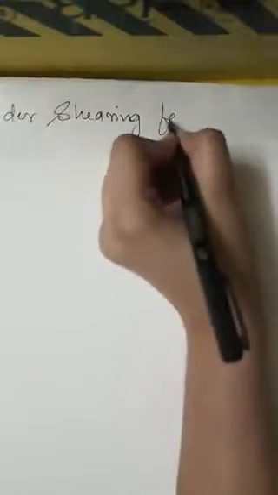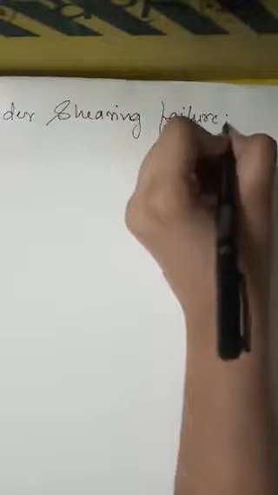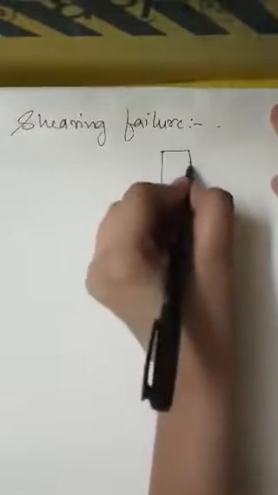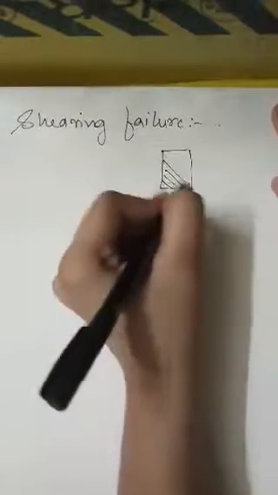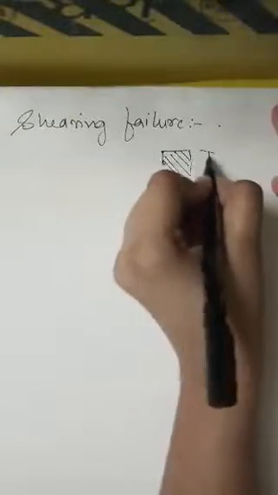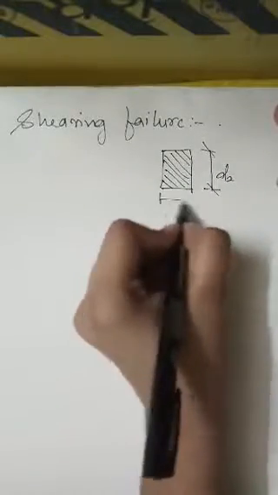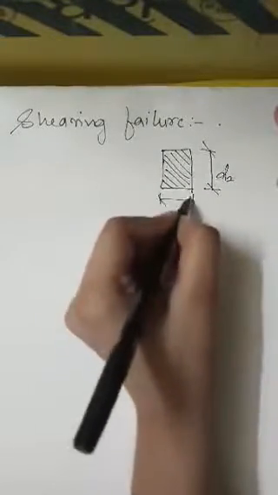Here we will consider shearing failure. So the shearing strength will be considered. Let us draw a 2D diagram for this. It will be basically a rectangle with the longer side as D2, and this will be a.